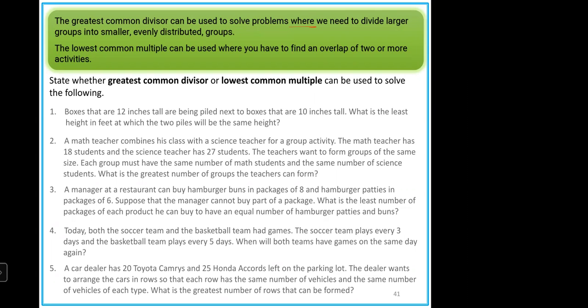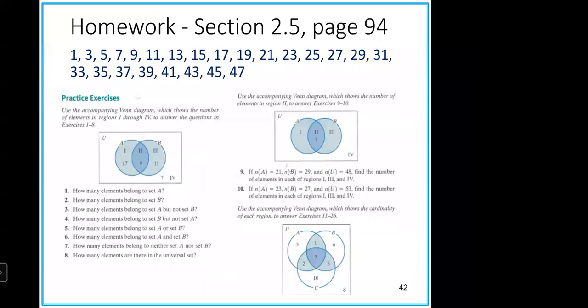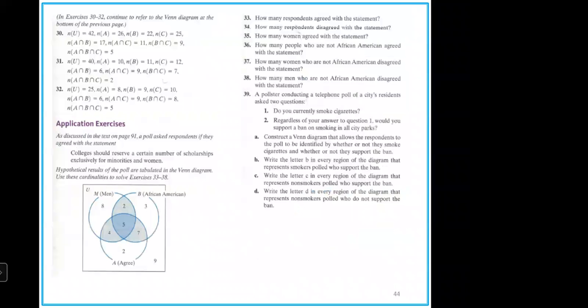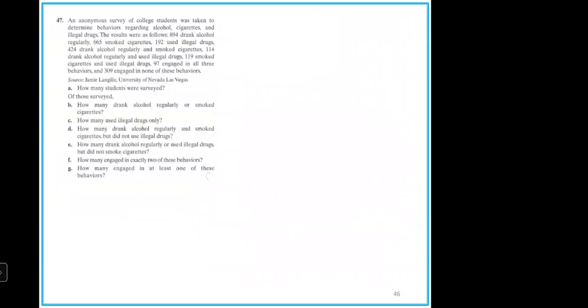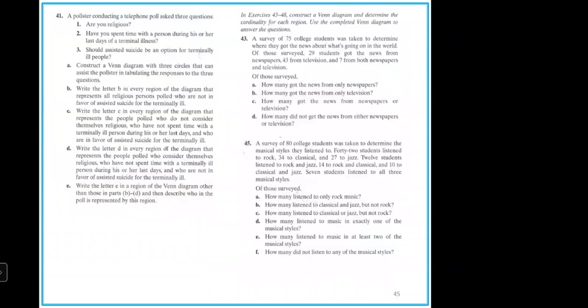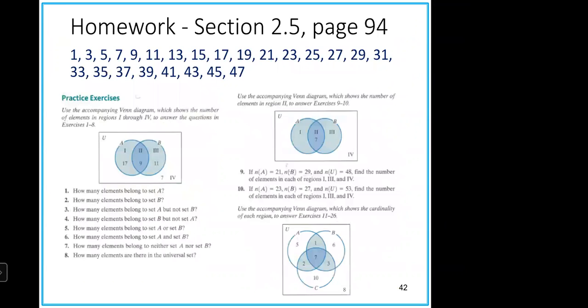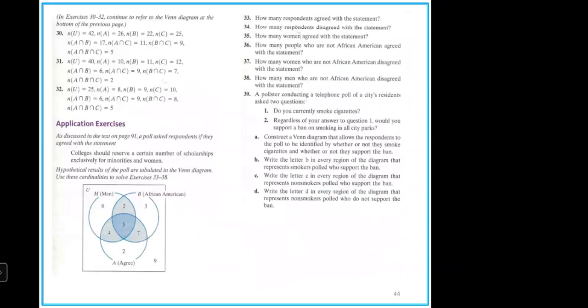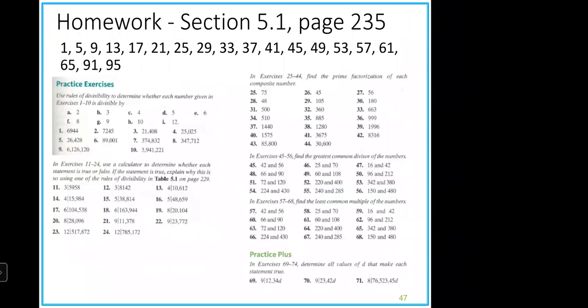All right, so that basically brings us to the end of the activities for the class. Your homework is here, page 94, and the questions are listed from 1 to 47. I copied the questions here so you could identify the ones you need to do. And then for section 5.1, page 235, you have 1 through 95, but just selected questions.